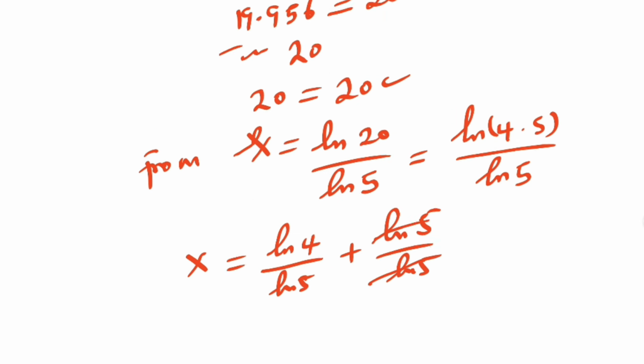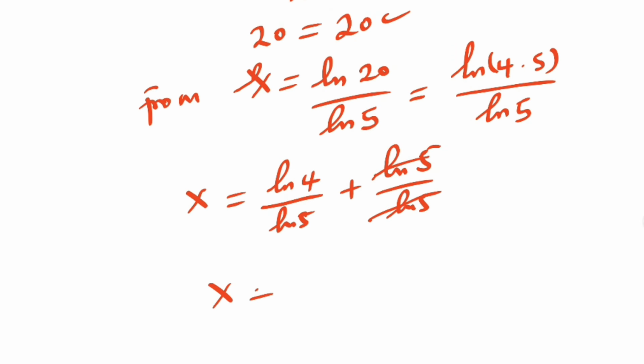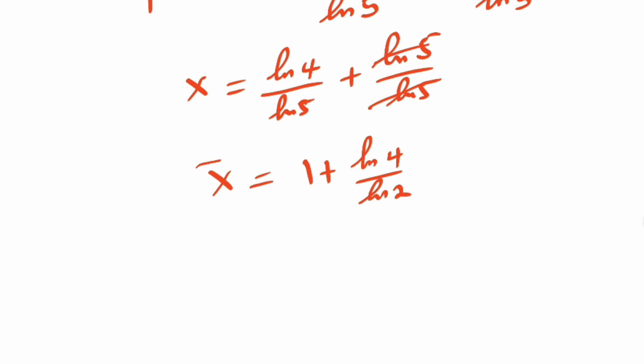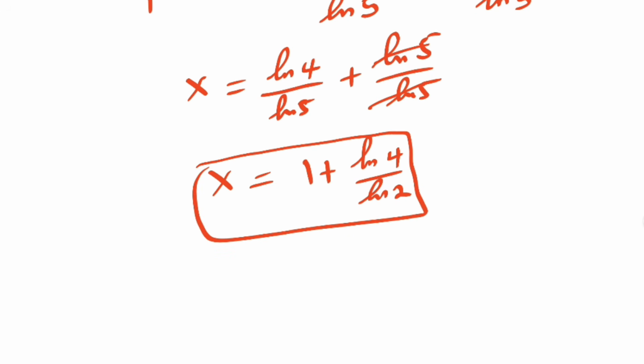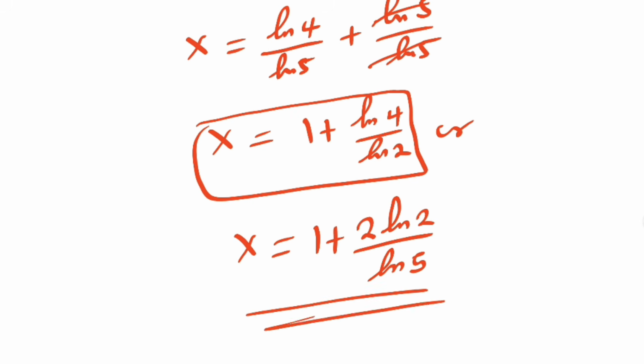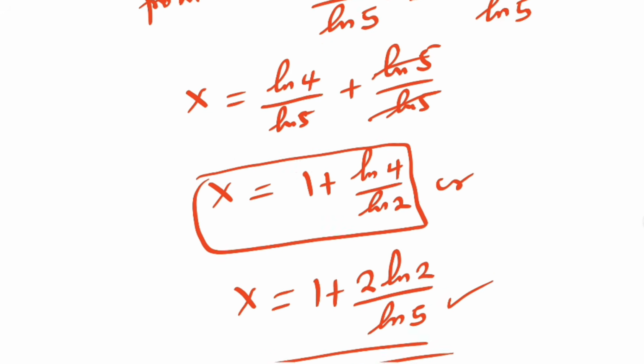This cancels this. x is equal to 1 plus ln of 4 over ln of 5. You may leave your answer like this, or x is equal to 1 plus 2 ln of 2 over ln of 5, or leave your answer in this form. I hope you enjoyed the video.